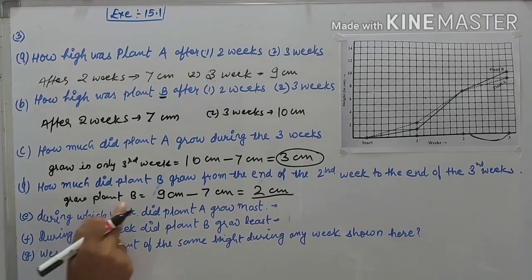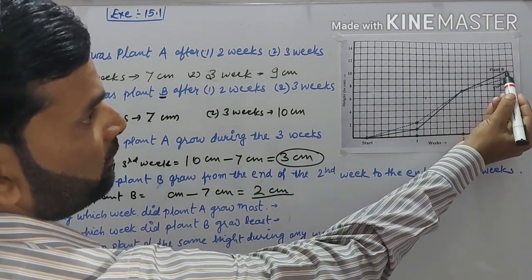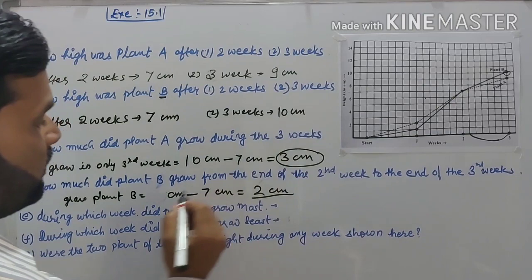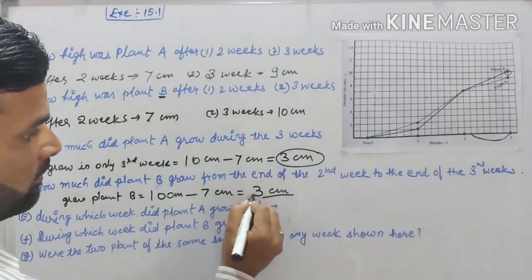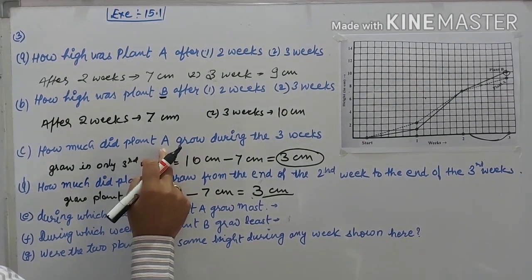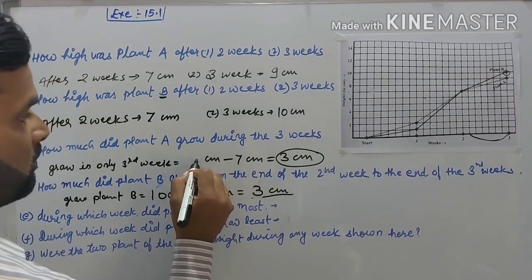Now this is plant B, the regular line, and the point of B is 10. And this is plant A, which is the highest in the third week, the dotted line at 9.